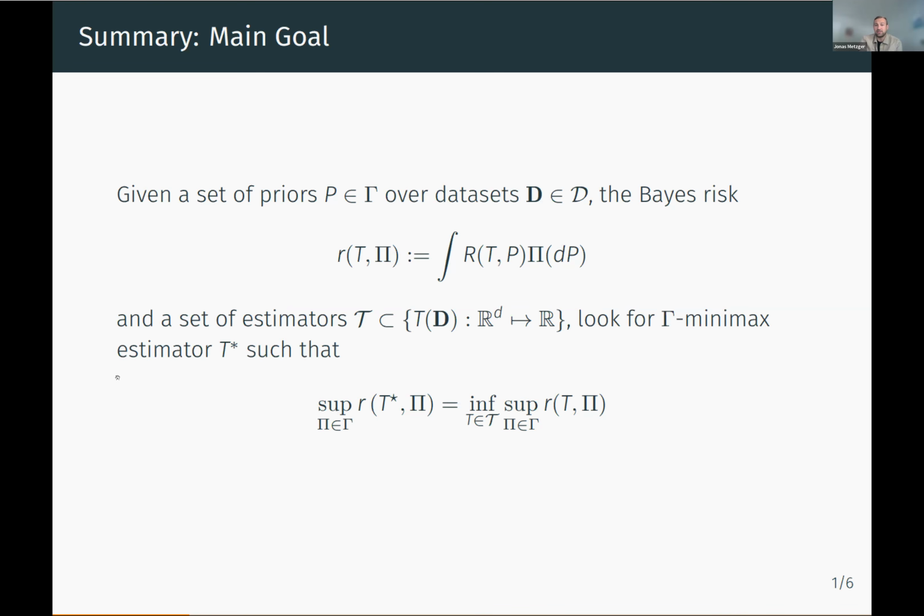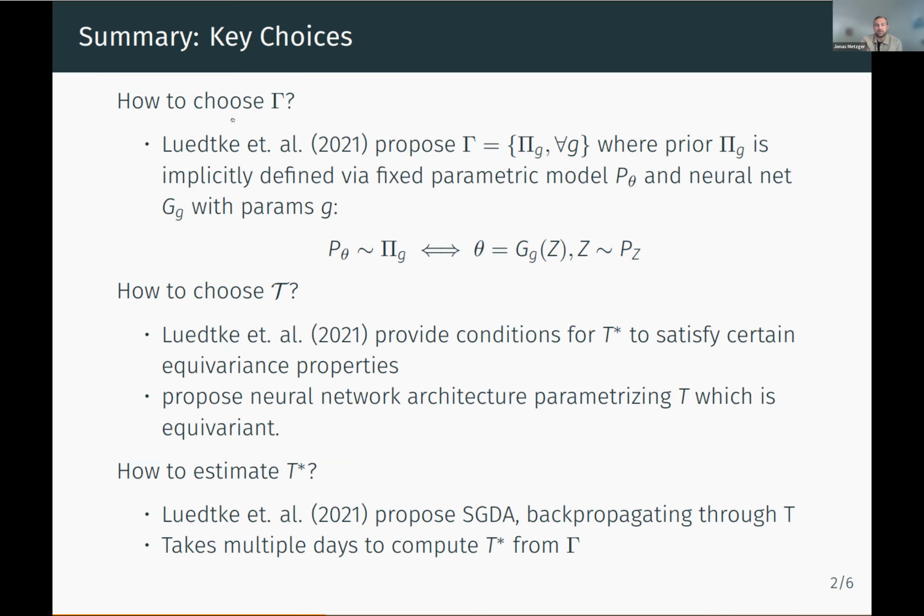The key choice when implementing this procedure is how to choose gamma. Alex et al. propose to define the set gamma implicitly as the set of all priors indexed by the parameters of a neural network G, where the prior is implicitly defined by first starting with a parametric model of the data P theta, for example, and some neural net G that maps to the space of theta.